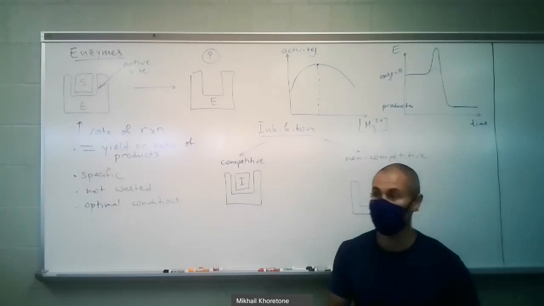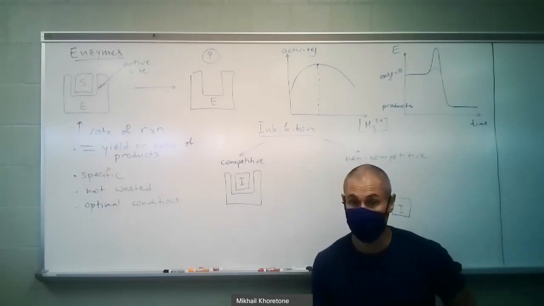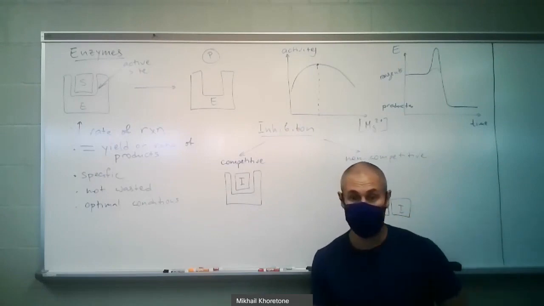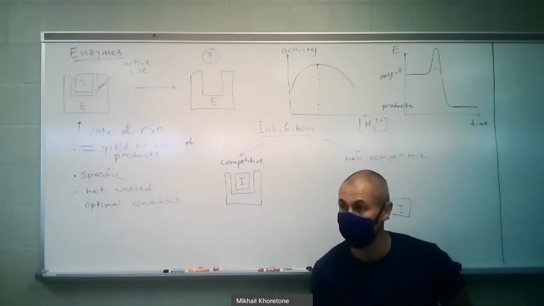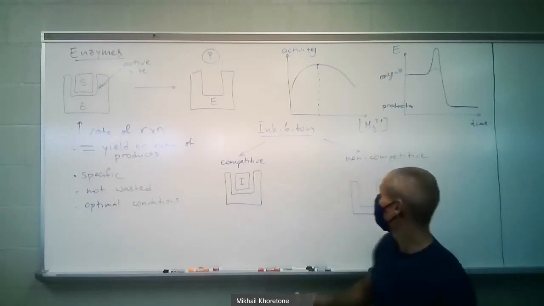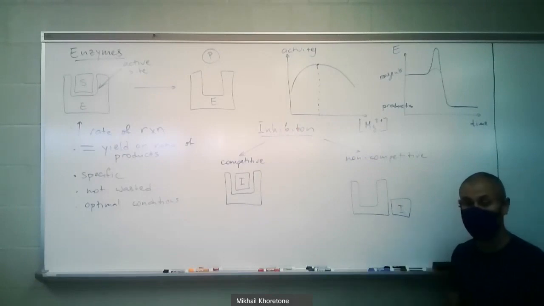Let's say I'm stinking really bad, covered in skunk, and I sit on that chair. She will not occupy the other one. That makes sense? Because I'm somewhere else and I change the properties of the active site. You got it?